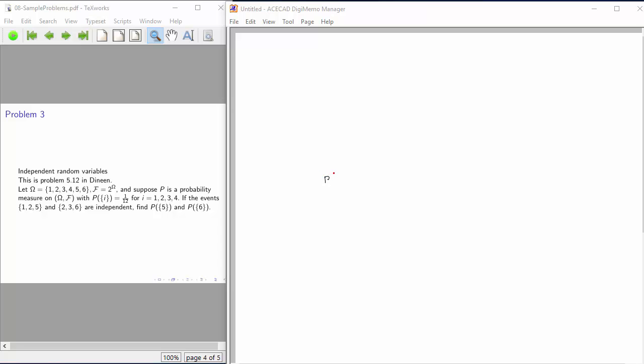First, let me work out the probability of the event 1, 2, 3, 4. The probability that the number chosen is 1, 2, 3, or 4. And that, of course, is 1/12 for the 1, plus 2/12 for the 2, plus 3/12 for the 3, plus 4/12 for the 4, which is 5/6.